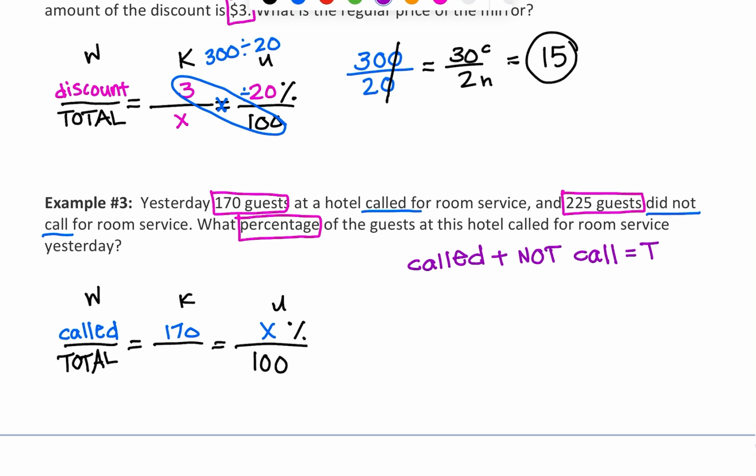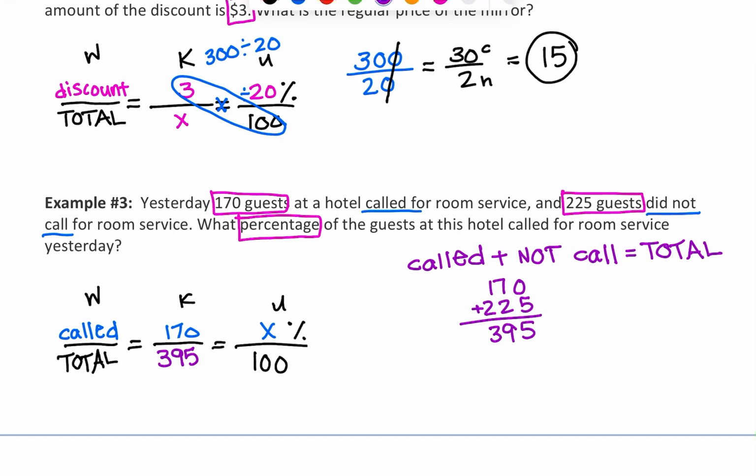The ones who called and the ones who did not call. So you can't just put your two numbers in the middle, and 225 does not go in the middle there because it's not my total. That's the not. So we need to do 170 plus 225 and add those up. So it would be 395 would be my total. And 395 wasn't even in the problem. We had to make that number by adding the called and not called.